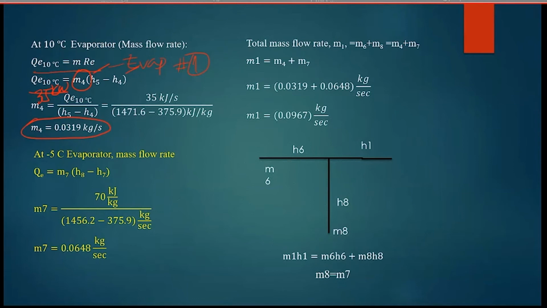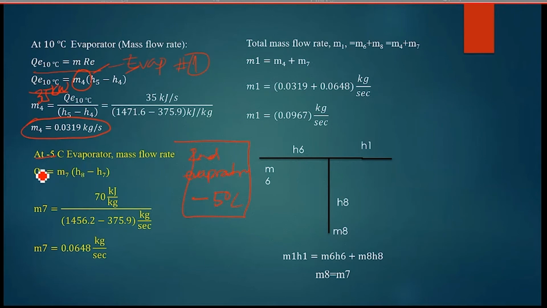The same process we have to do for the second evaporator. The second evaporator is operating at a much lower temperature, which, according to the problem, is -5 degrees centigrade.